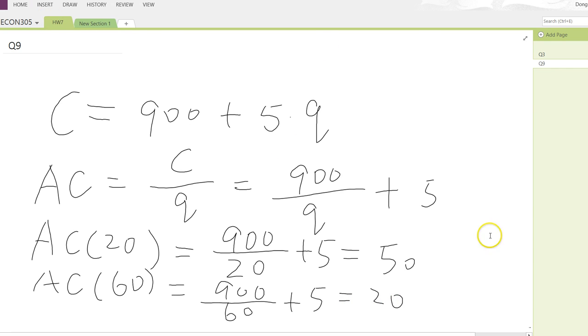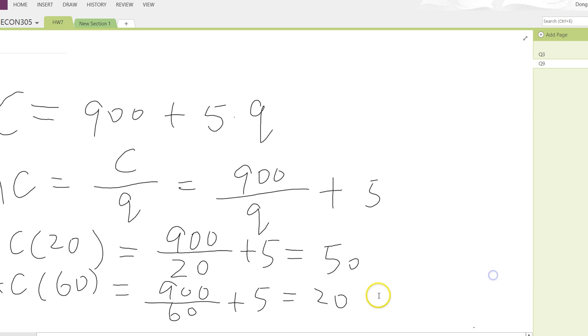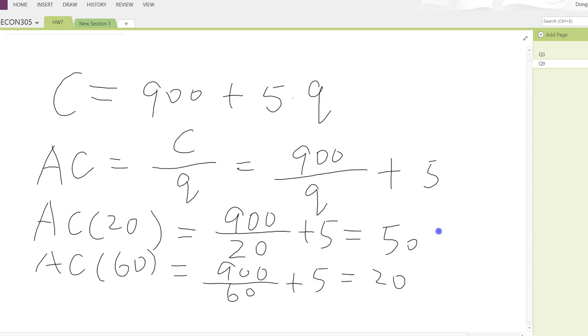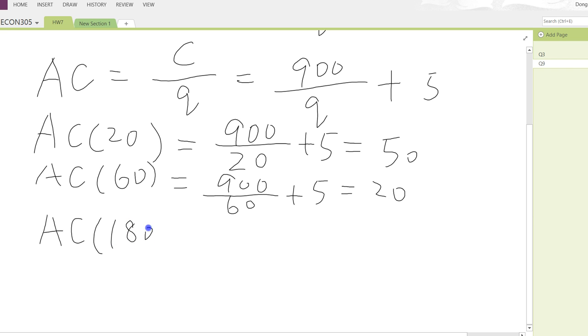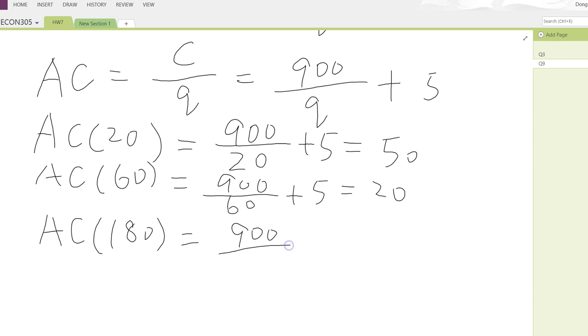So the final number for the average cost is for quantity 180, and that's 900 divided by 180 plus 5. And 900 divided by 180, that's 5. 5 plus 5, that's 10.